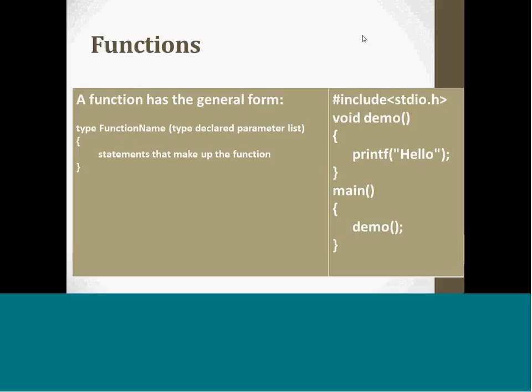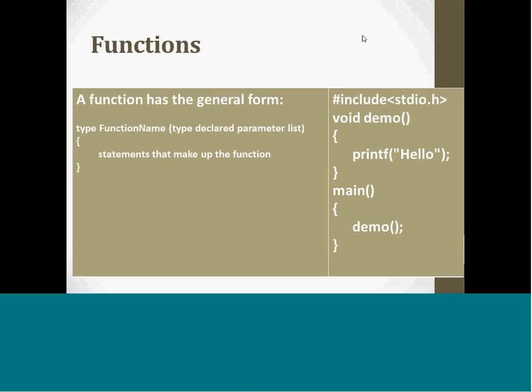Now let's look at the function. What is a function? A function in C is just like what you call a subroutine in other languages. It is a bunch of code statements that you group together and give a name.